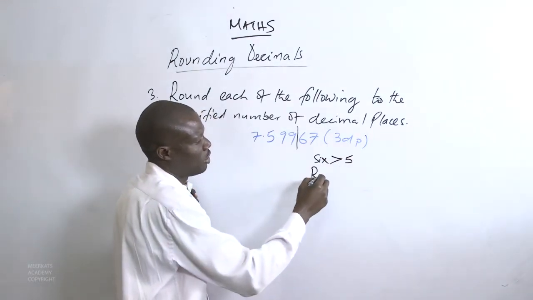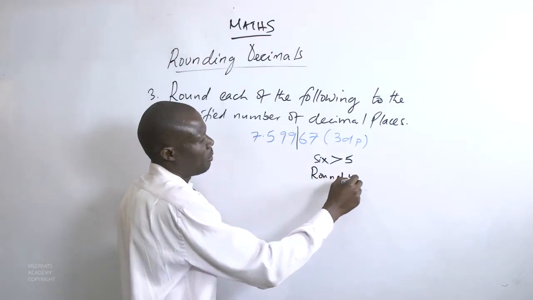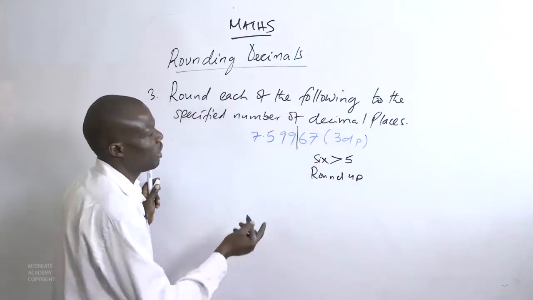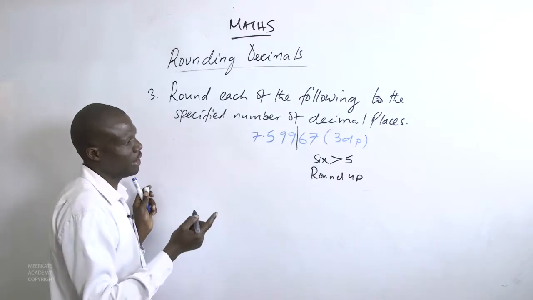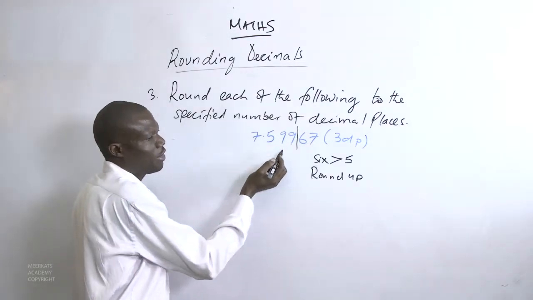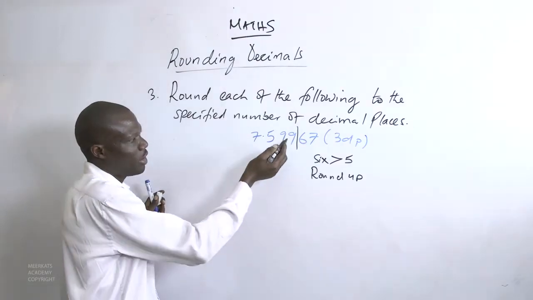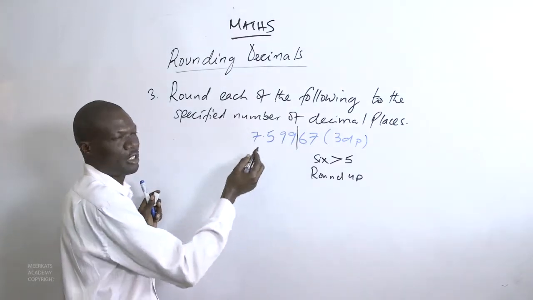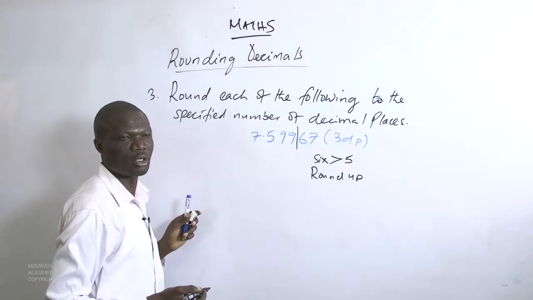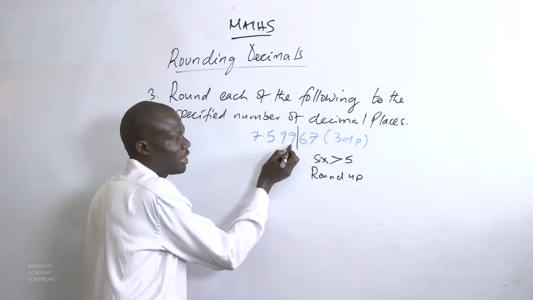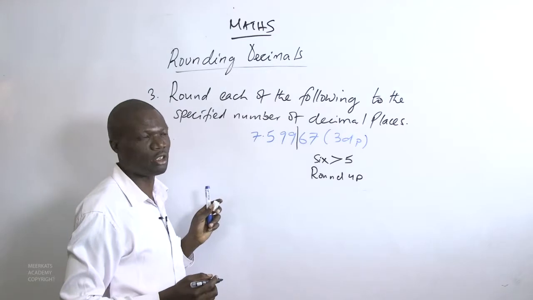So we shall round up. Now, when we round up here, I want you to be very keen. We have the last decimal digit as 9. When we round 9 upwards, it will be 10, which means that we cannot have 10 written in the place of a single digit.